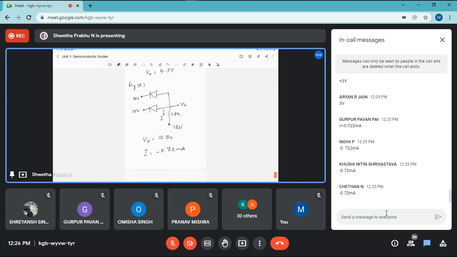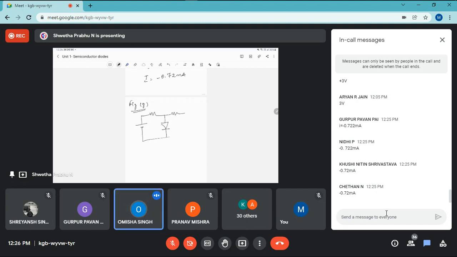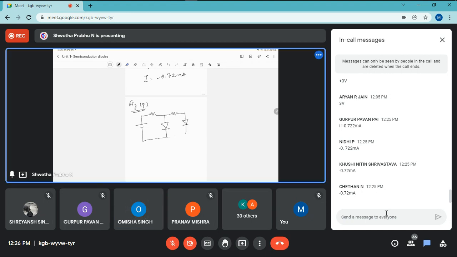Okay. Next. Coming to figure G from the tutorial. I is equal to 1.1 milliampere. Just a second.